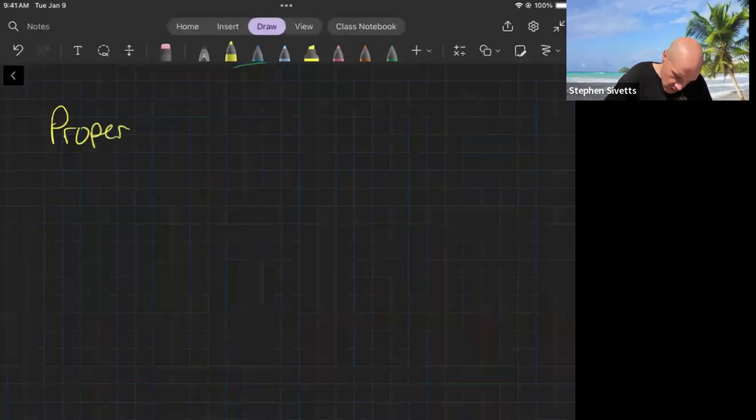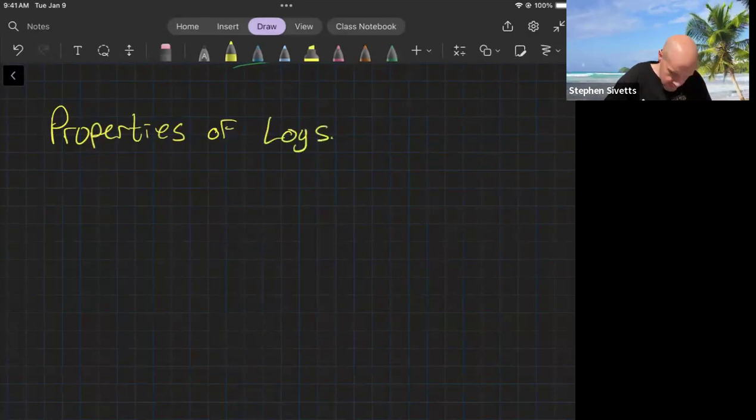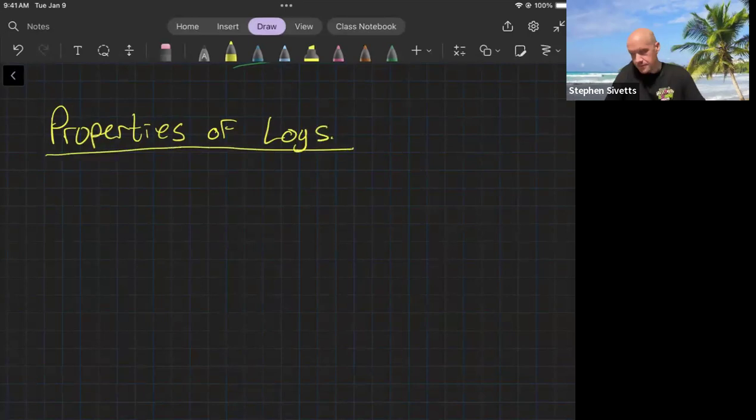Now, the properties of logarithms that you've seen in college algebra would be the same. But we're going to have to be careful about the principal branch. We'll talk about the principal logarithm in just a moment here.